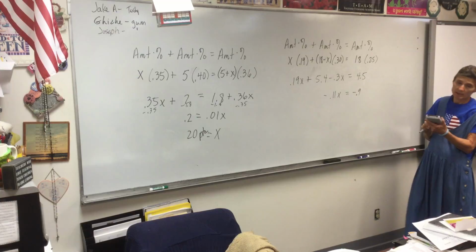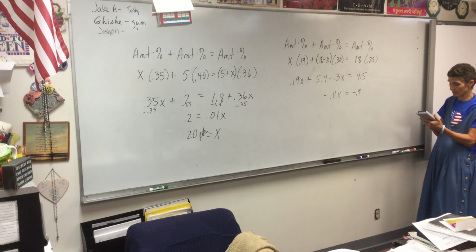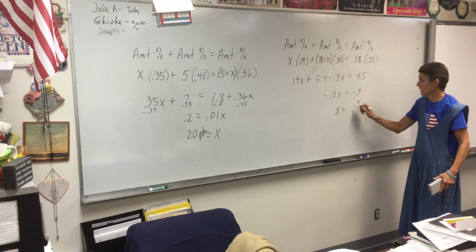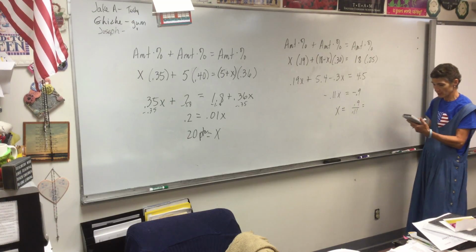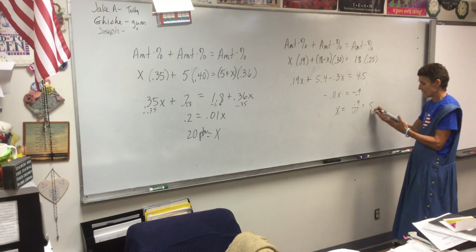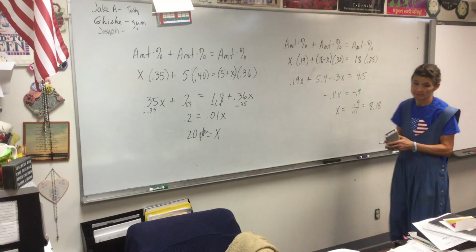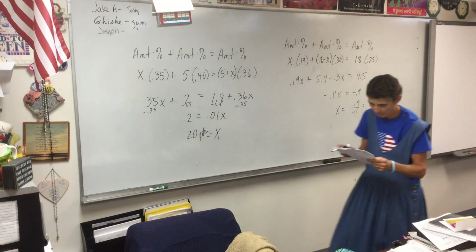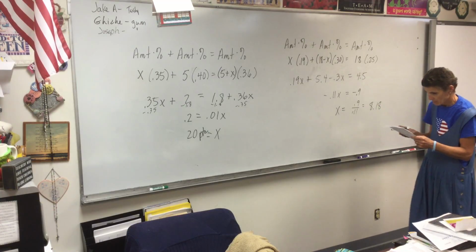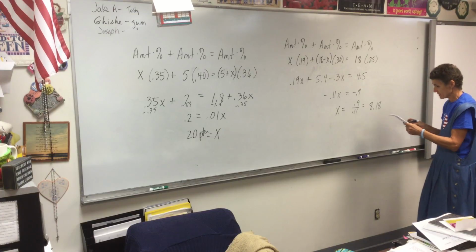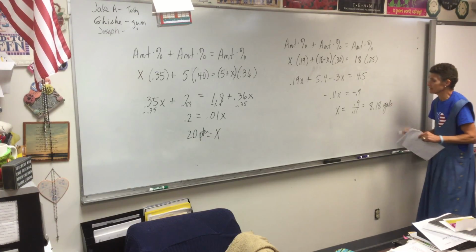My gosh, it's Friday afternoon. I'm a bit tired. Here we go. Let's make sure we got this right. So X equals 0.9 divided by 0.11, which is about 8.18, whatever the unit is. Where am I at? Is this number 2? Yeah. So this is gallons, 8.18 gallons.